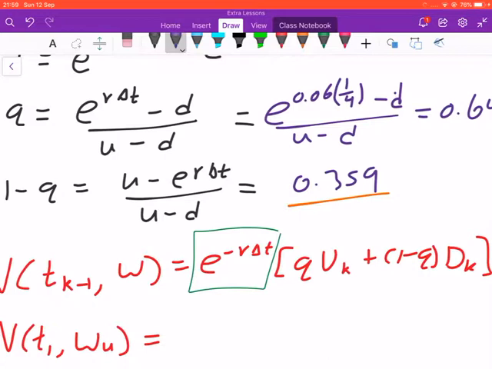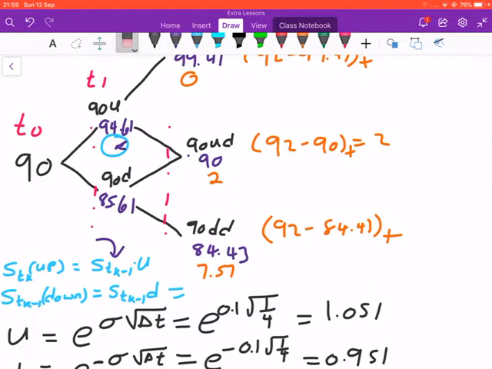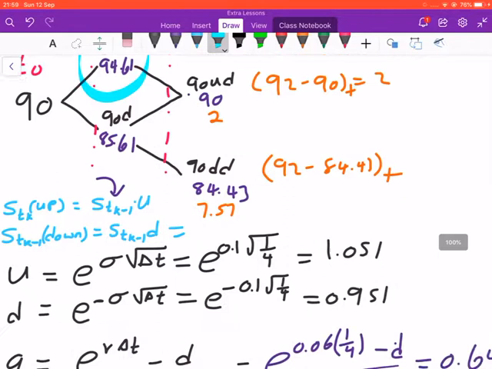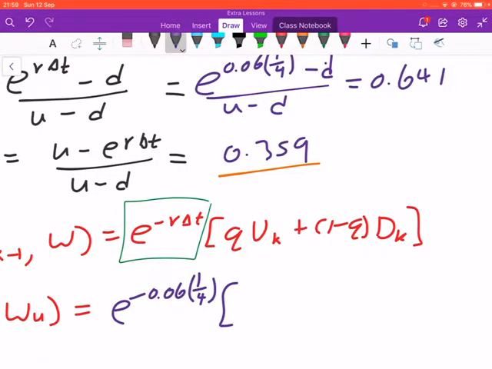Now, for this value over here, we are looking at this period, which is up, right? So you will have e to the minus 0.06, times 1 over 4, and then the artificial probability for up is going to be 0.641. The value of the option for up is going to be 0, and then you will have 0.359.